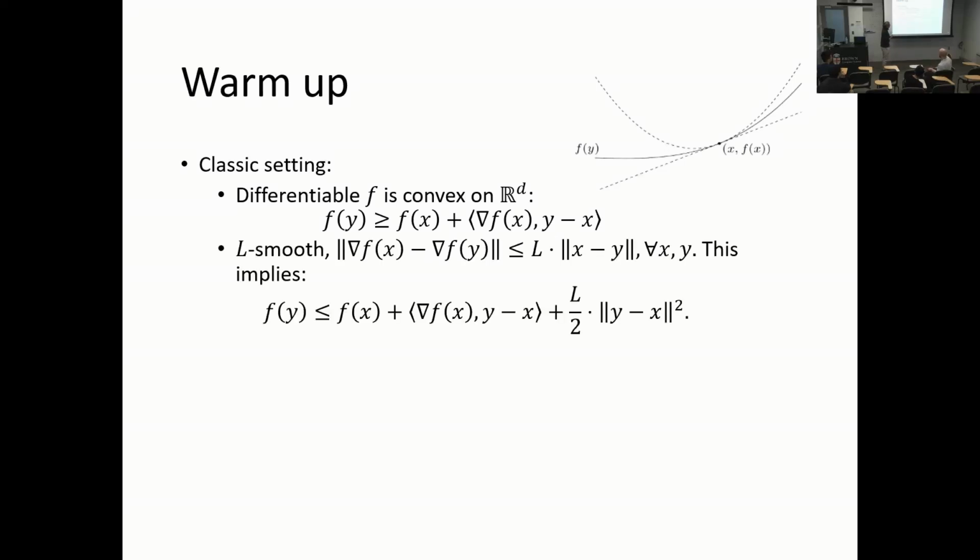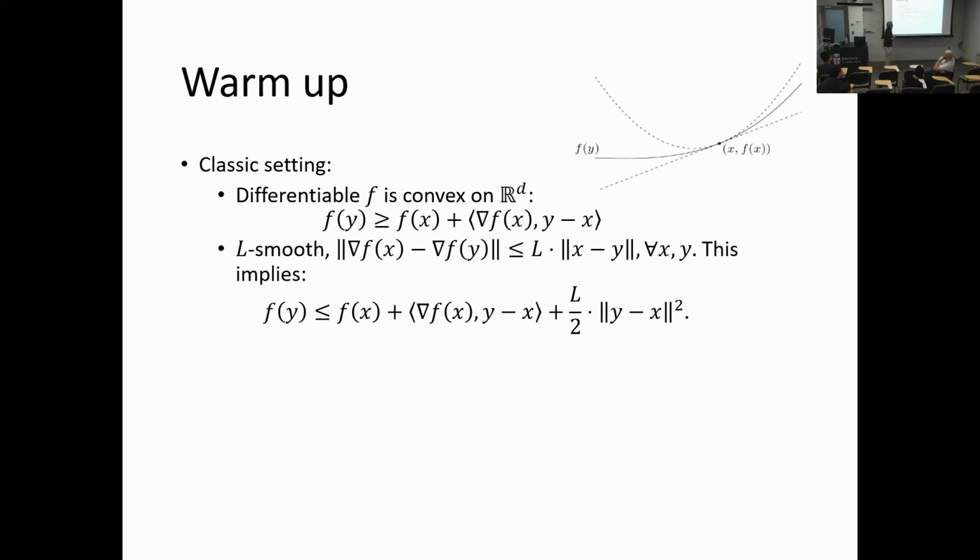The second important condition that I'll look at sometimes is smoothness. What smoothness says is that here is your function, and if you take any given point here and you take the quadratic approximation, so you take the linear approximation and then you add a quadratic term to it, it is an upper bound on the function everywhere.